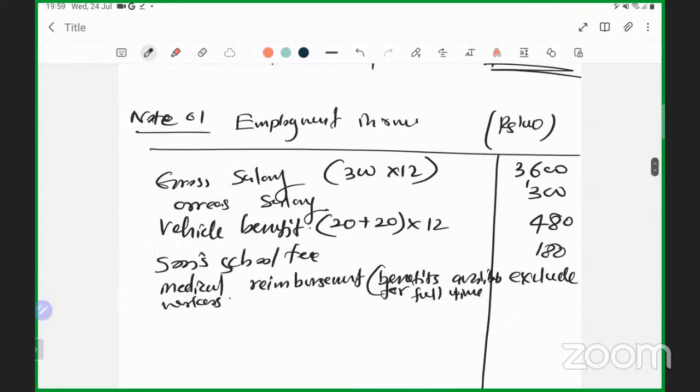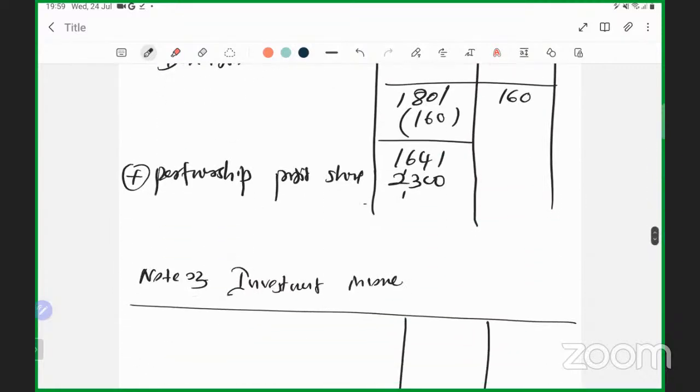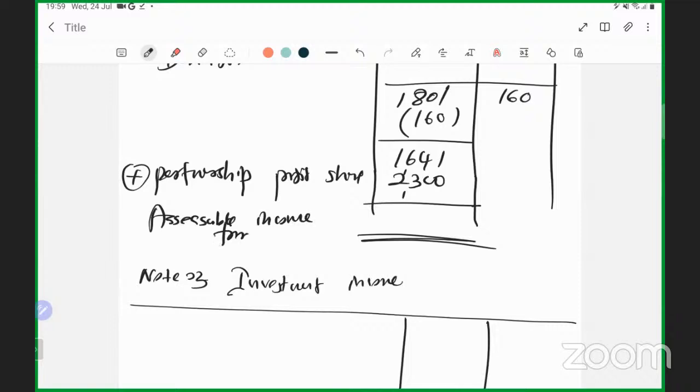Right. So then you can get the total assessable income from business: $3,941.